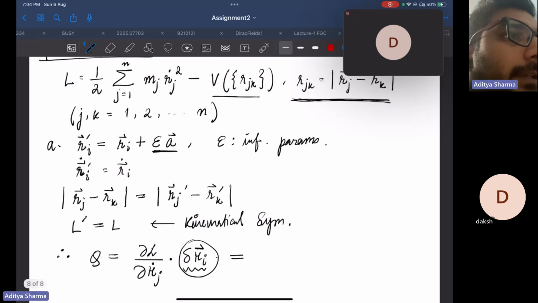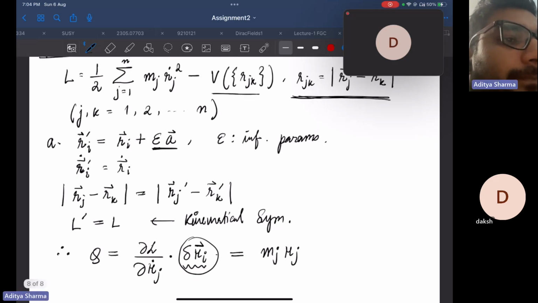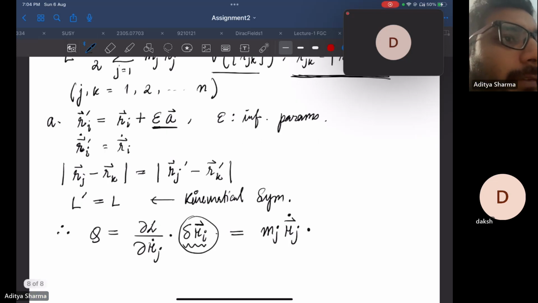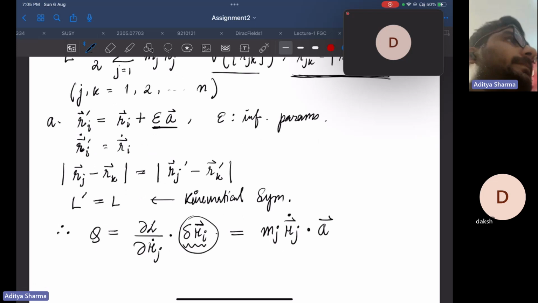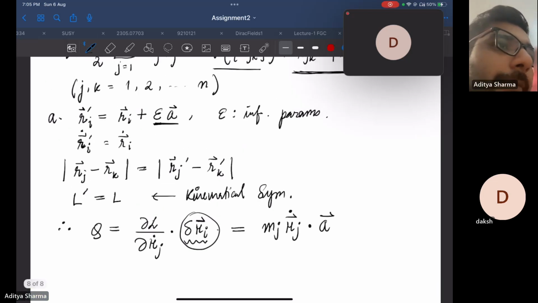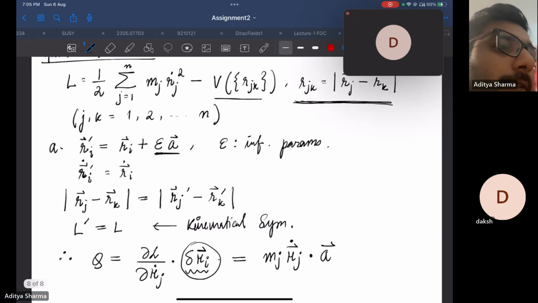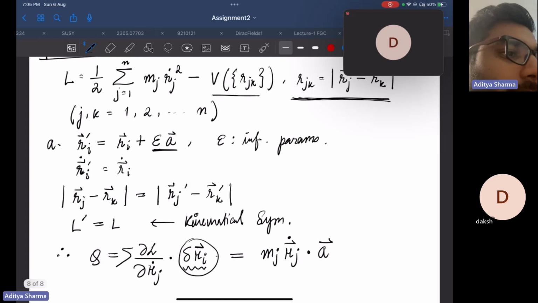So this dou L by dou Rj is Mj Rj vector dot, times this J vector. Mj Rj dou L by dou Rj, and there is a summation.